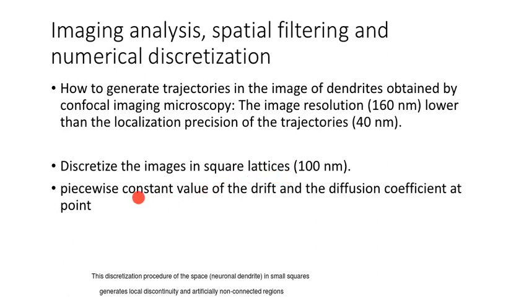By doing this we obtain piecewise constant values for drift and diffusion coefficient at each point. This discretization procedure of the space into small squares generates this local discontinuity and can create artificially non-connected regions.